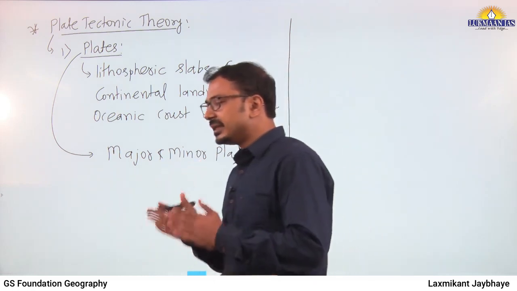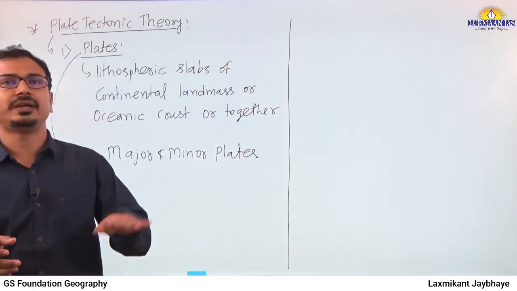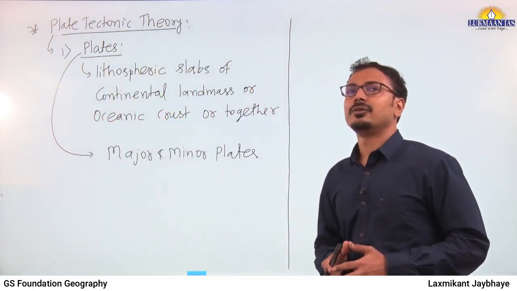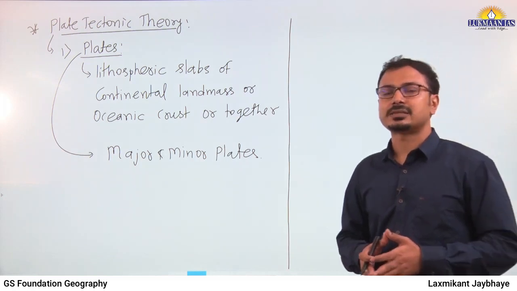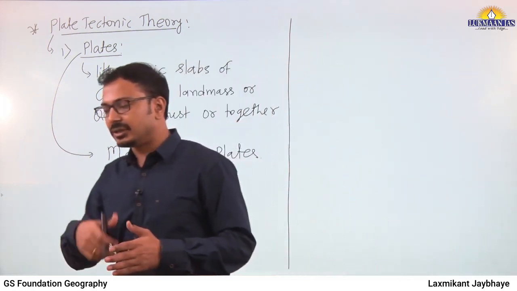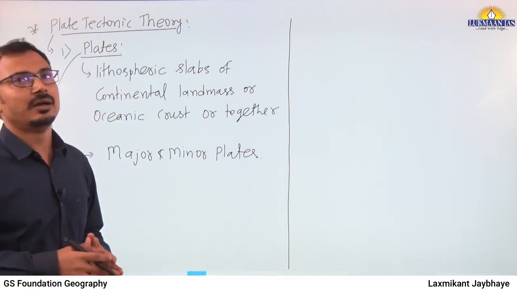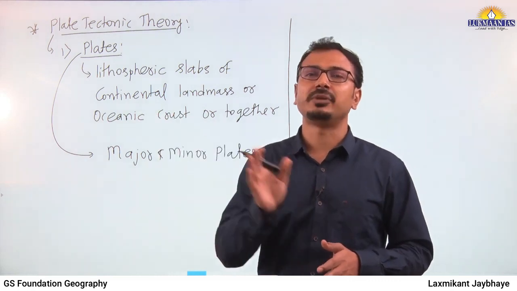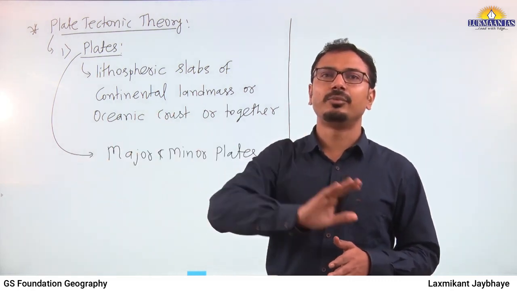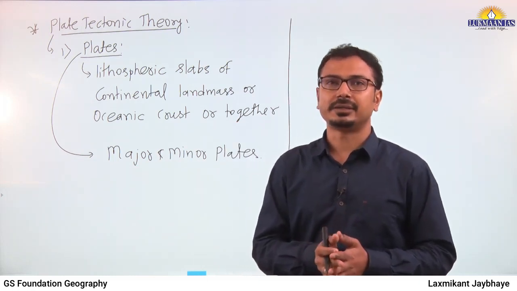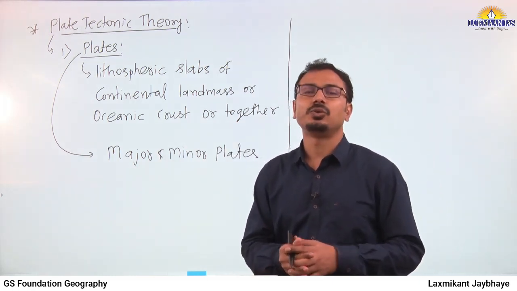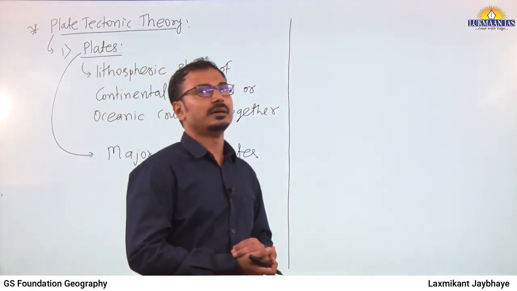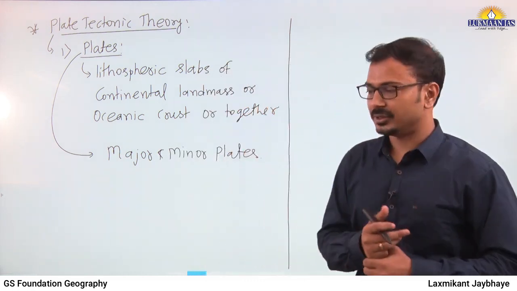That means these lithospheric plates are freely floating over liquid asthenosphere, and the direction of the convection current or the magma in those convection currents decides the direction of movement of these lithospheric plates. Now you must have understood what is happening on the earth's surface, and the force responsible for the movement of these plates.